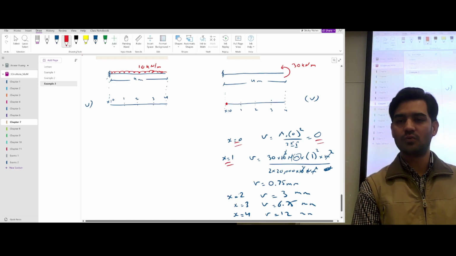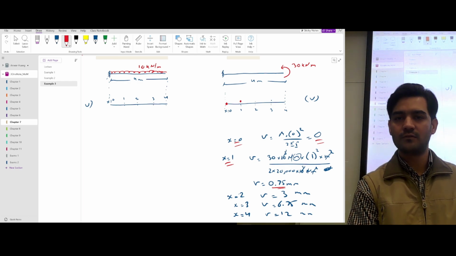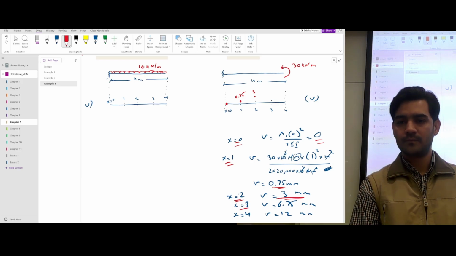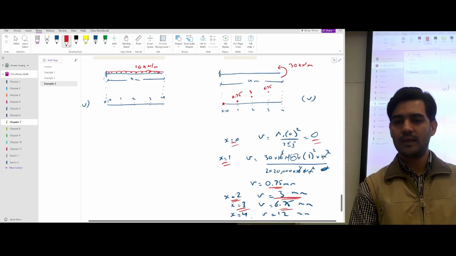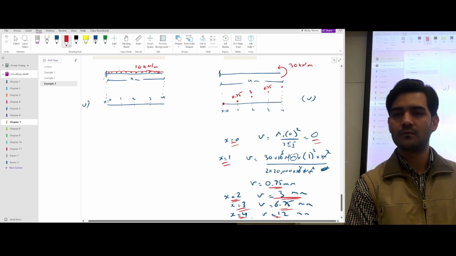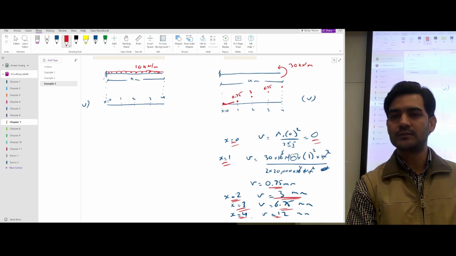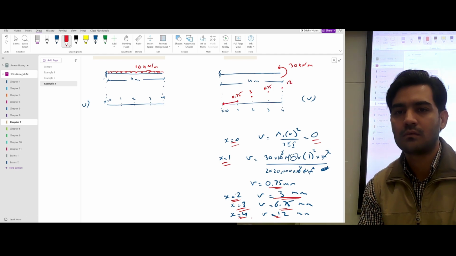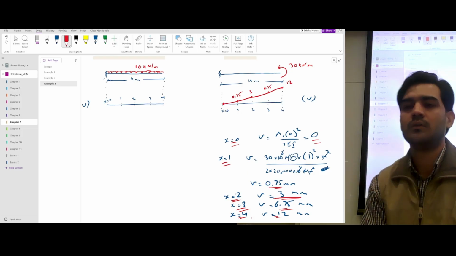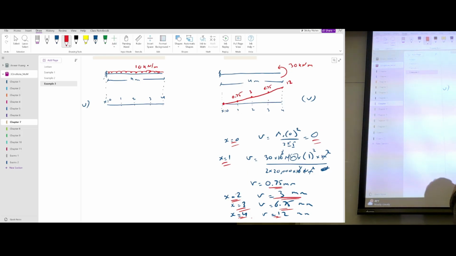At x is equal to 1, v is 0.75. At x is 2, v is 3. At x is 3, it is 6.75. And at x is 4, it is 12. So that's how you can draw the displacements for this case.